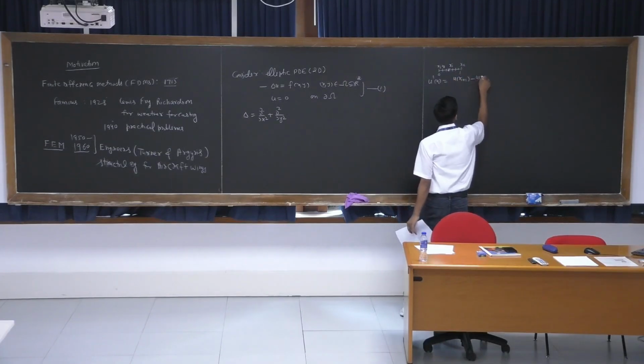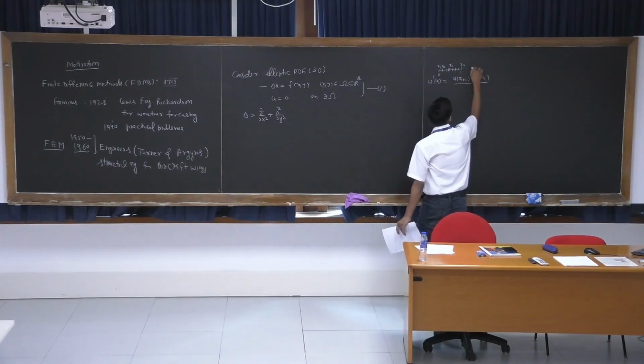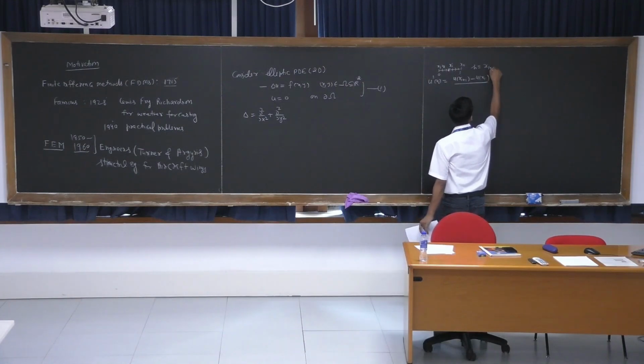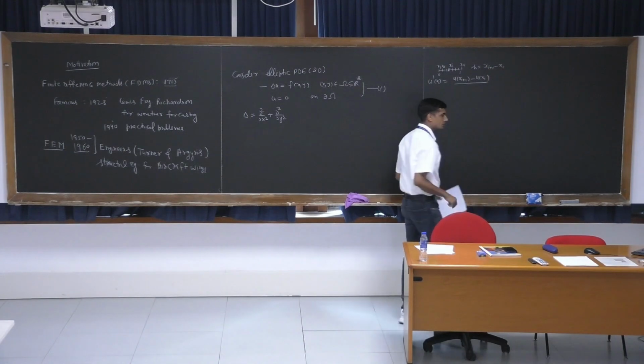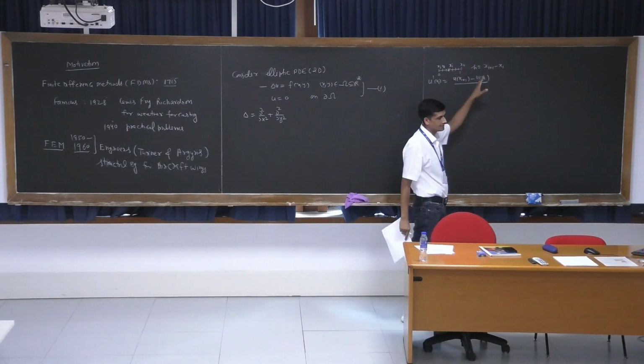So this is this, divided by some step length. Obviously I am saying h is the step length, which is xi plus 1 minus xi, because the finite difference method generally works on a uniform mesh.